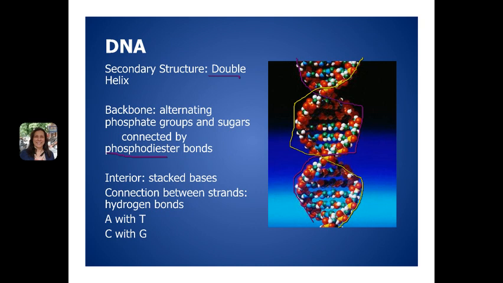What color shall we give them? Let's make them white. So the bases are these parts on the interior of the molecule, and they are connected to each other using hydrogen bonds in which A is bonded to T and C is bonded to G.